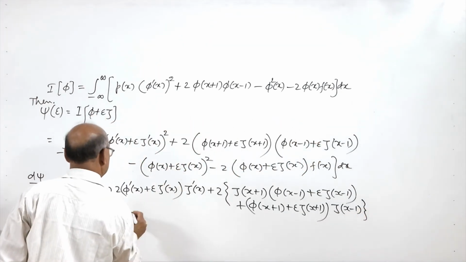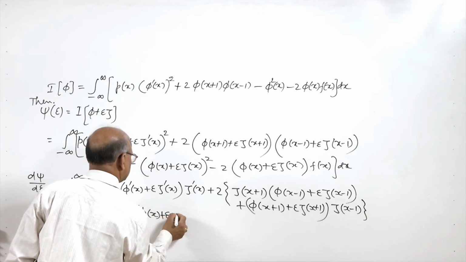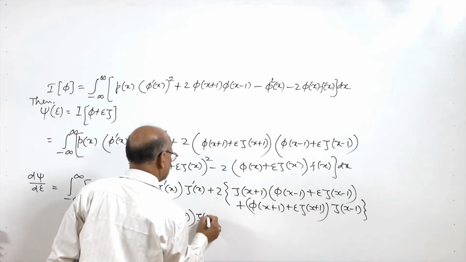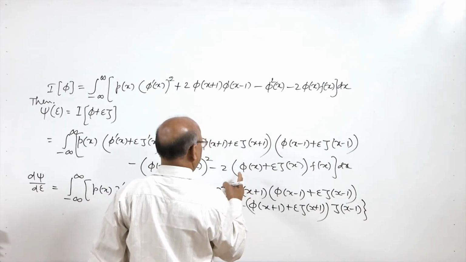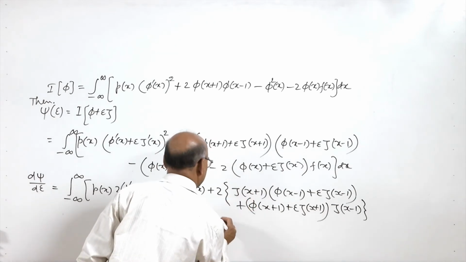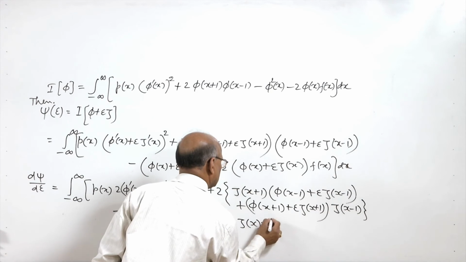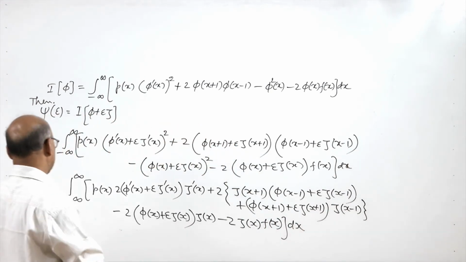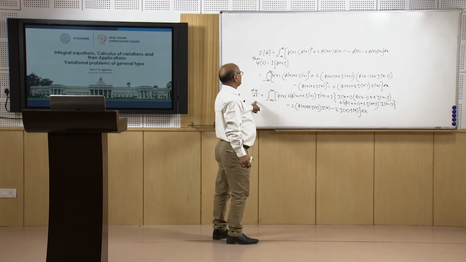So minus 2 times phi x plus epsilon zeta x into zeta x, and then we come here. So we get what derivative with respect to epsilon will give you zeta x here. So minus 2 zeta x f x into dx. Now let us put epsilon equal to 0 here in order to get delta I.